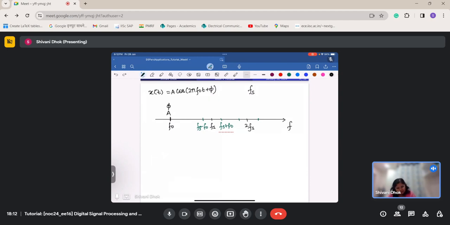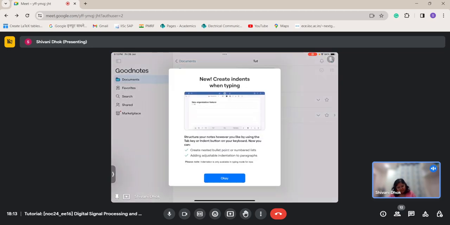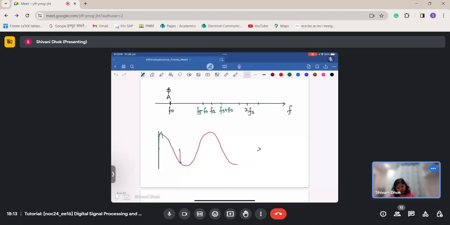So how is it happening? This cosine looks something like this. Let's say this is the original cosine wave, and let's say I sample it like this, here, here, and so on. Now what can happen is I can have this sample coming from some other sinusoids as well.